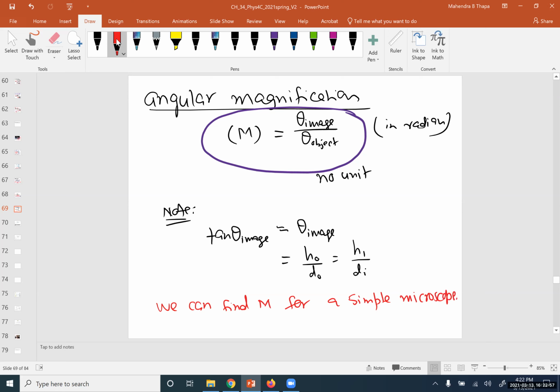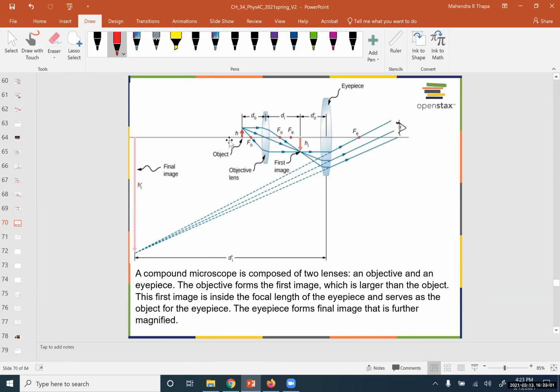Okay, let's move further about the compound microscope. In the case of compound microscope, this lens is close to objective, close to objects. That's why this lens is called the objective lens.